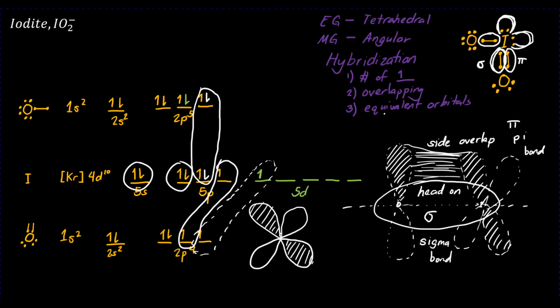So the number of equivalent orbitals that iodine will have to prepare will be equal to the number of lone pairs it has plus the number of sigma bonds. So here, it will need to prepare 1, 2, 3, 4.